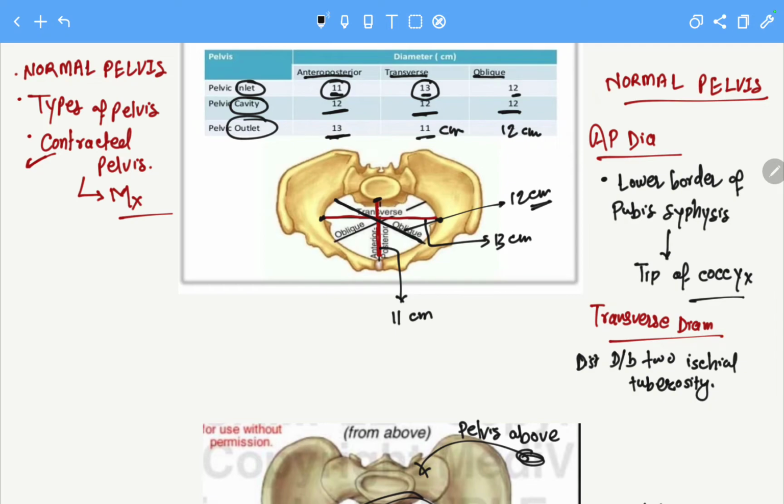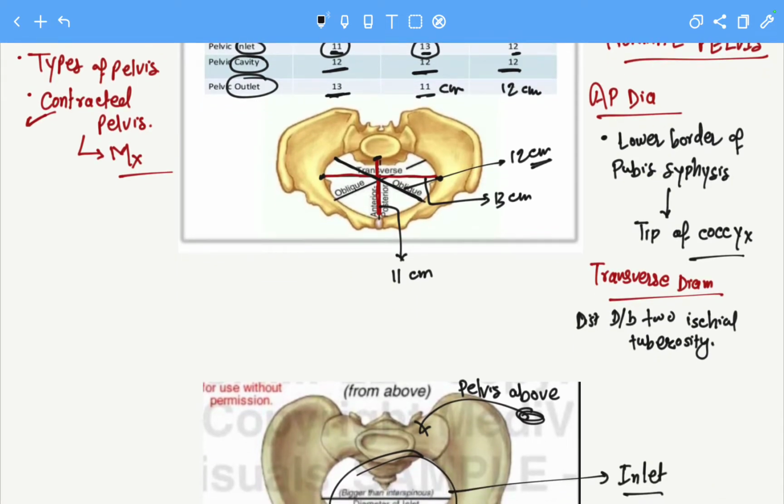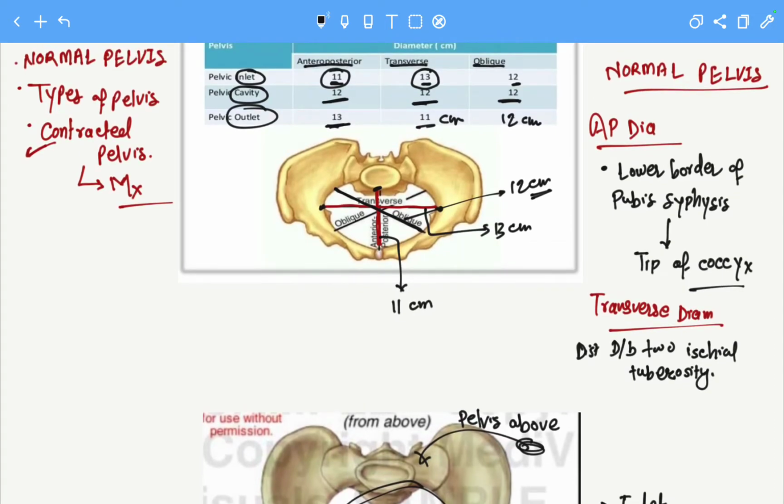So in case of normal pelvis, what we need to remember is the three diameters, that is AP diameter, transverse diameter and oblique diameter, right? This one is the AP diameter, this one is the transverse diameter and this one is the oblique diameter. Okay, right?